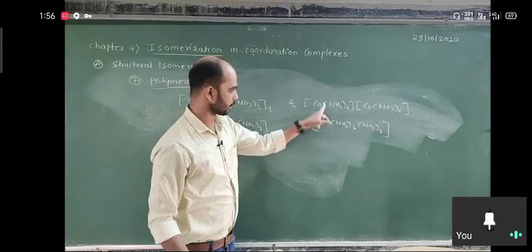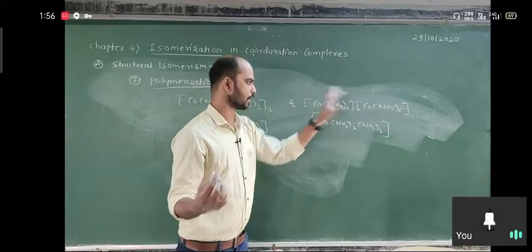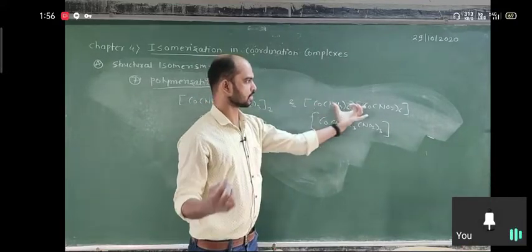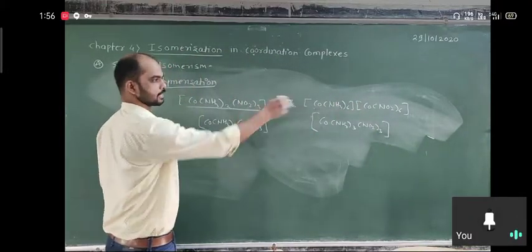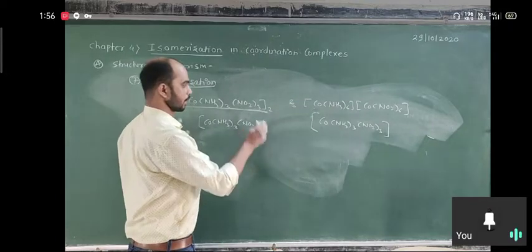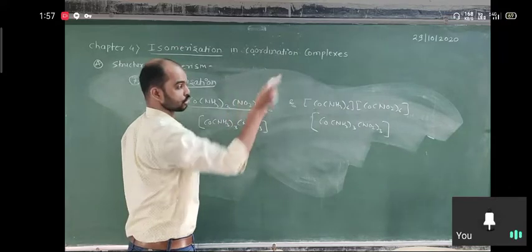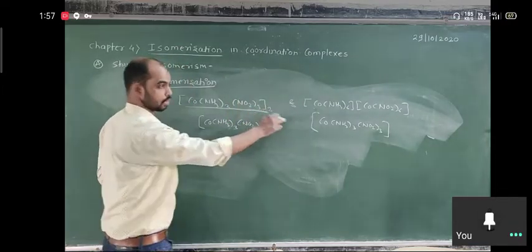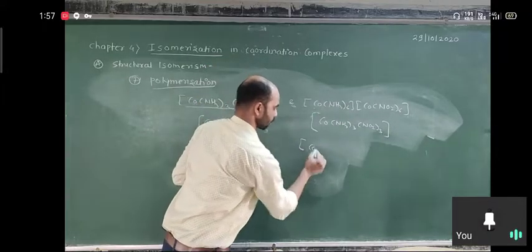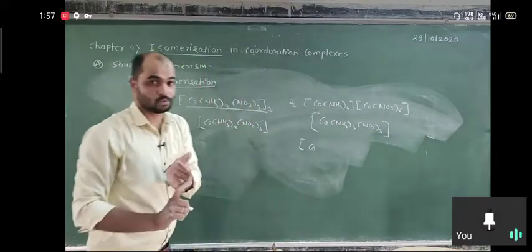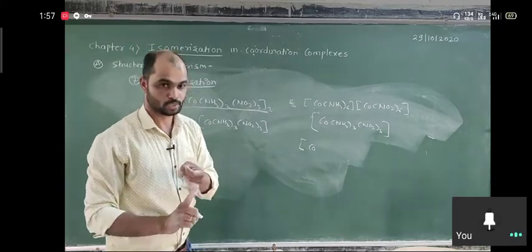With 2 cobalts, one cobalt contains 3 NH3 and 3 NO2, and the second cobalt also contains 3 and 3, so just the representation is different. Here this is the empirical formula, and here is a multiplication. If a 3 is given here, how do we write another polymerization isomer? This way: if there are 3 Co, we expect 9 NH3 and 9 NO2, right?